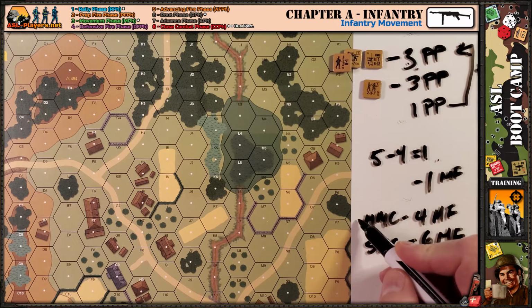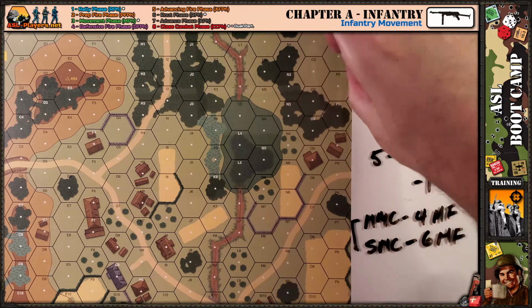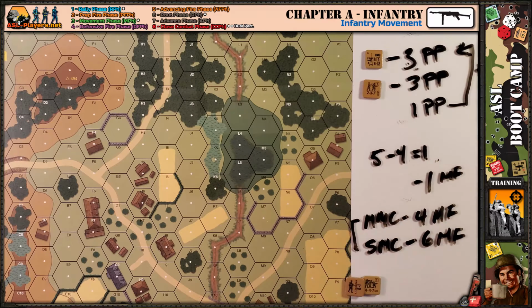But if a single man counter and multi-man counters, say a leader stacked with a squad, a half squad, and another squad, start their movement phase stacked together and end their movement phase stacked together, the squads can also have 6 movement factors, which allows them to move further and potentially carry more and go a further distance.